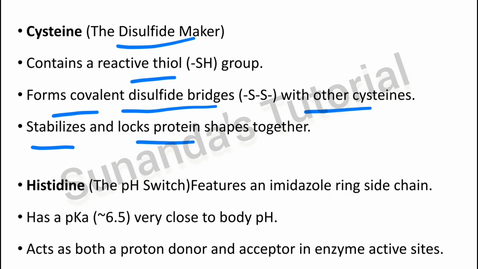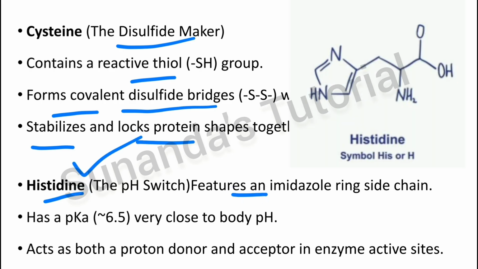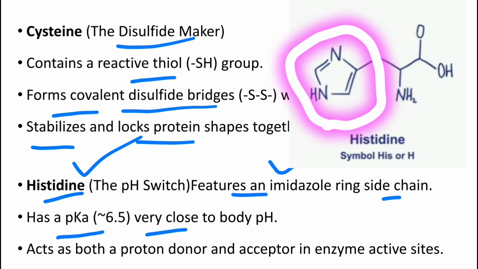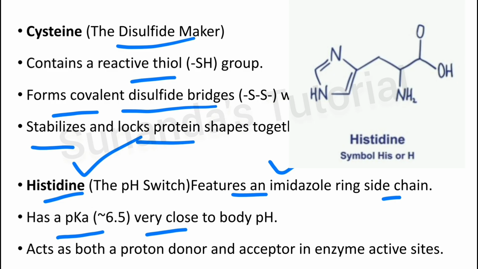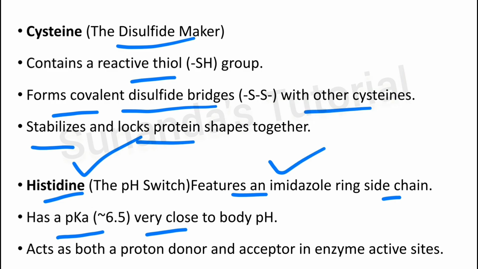Next, histidine features an imidazole ring side chain and has a pKa very close to body pH. The imidazole ring structure is a 5-membered aromatic ring with 2 nitrogen atoms. The pKa value is roughly 6.5 to 7, which matches the pH of normal body fluid.